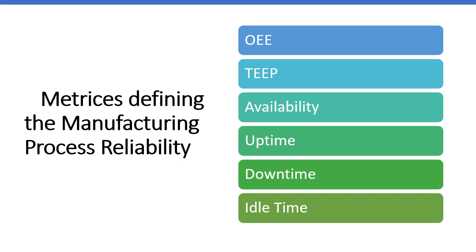And while calculating these two terms, we need to know four other terms, which are known as availability, uptime, downtime, and idle time. We will discuss all of these metrics in detail and we will validate our knowledge with a practical problem.